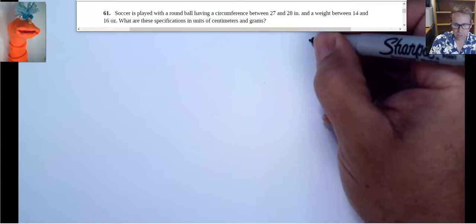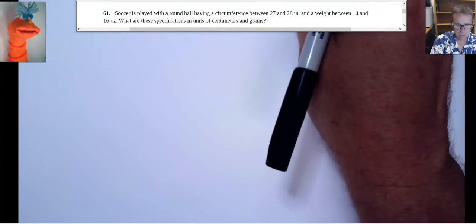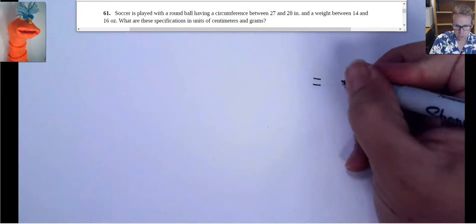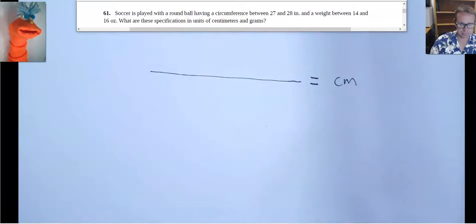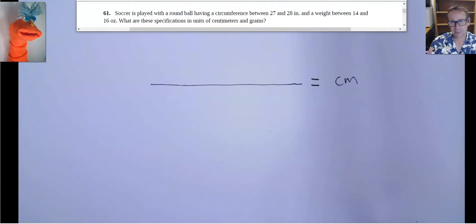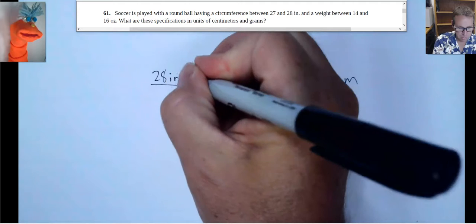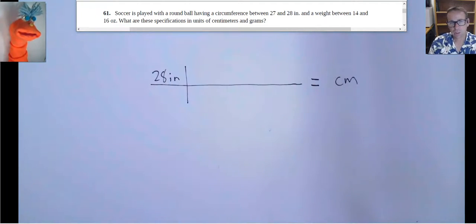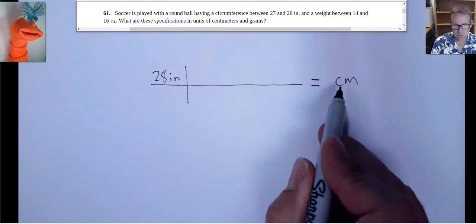So we have an equal sign, and we write the units we're after, which is centimeters. And then we draw a straight line like this, and we identify the units that we're provided, 28 inches, the units and the number, and we find ways to convert this unit to that new unit.